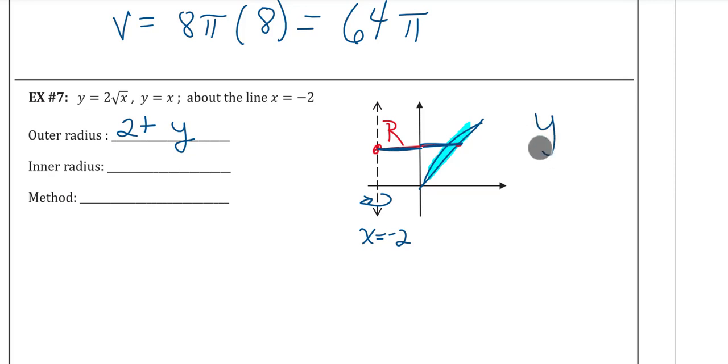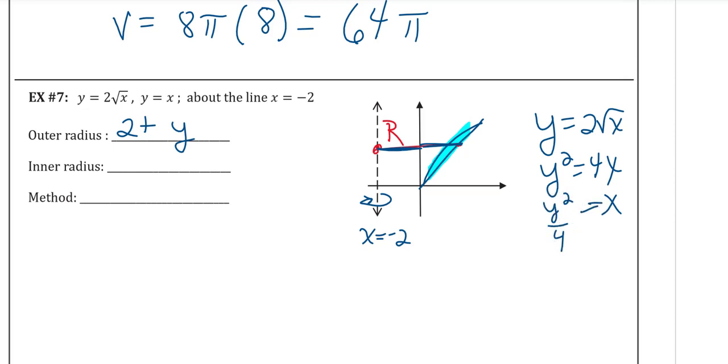So taking my other equation, and I'll square both sides, so x is going to equal y squared over 4. Okay, so my inner radius is going to come from this distance plus this little bit more right there. And so little r is going to be the 2 plus y squared over 4, or 1/4 y squared.